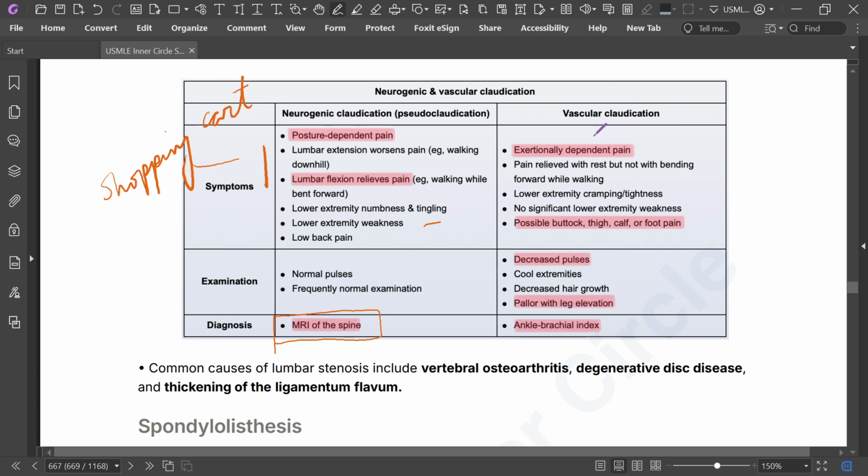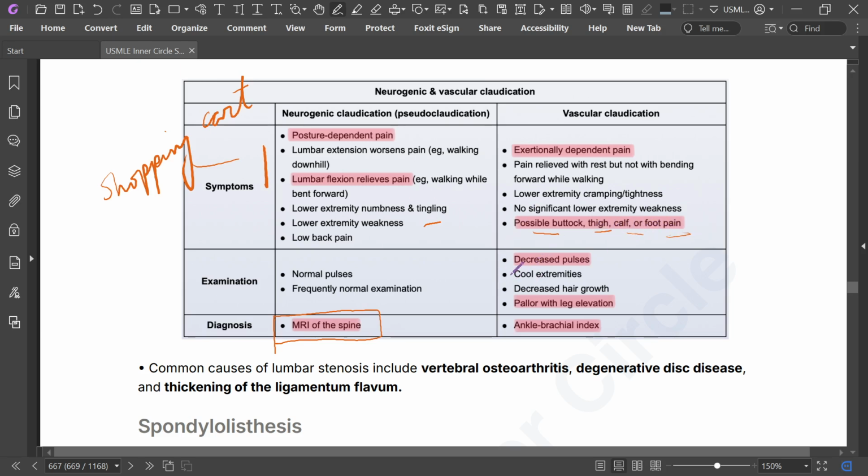Vascular claudication happens in Buerger's disease or thromboangiitis obliterans. It is exertionally dependent pain, relieved with rest, but not with bending forward while walking. There is lower extremity cramping, tightness, no significant weakness, and possible buttock, thigh, calf, or foot pain.